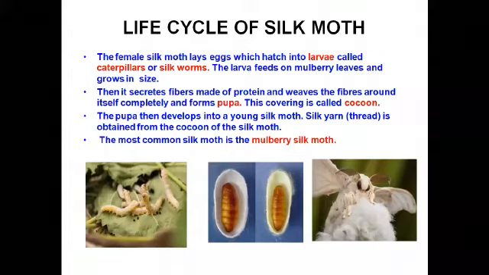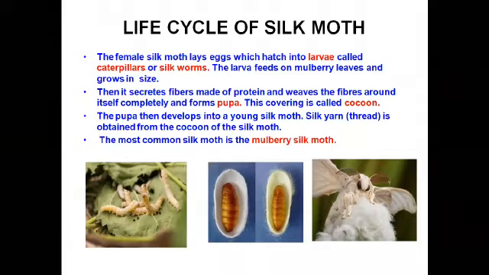You can call it by any name. The silkworm feeds on leaves and grows. You can see that the caterpillars are growing on a leaf, preferably mulberry leaves, because they can get all types of nutrition from the mulberry leaf. The silkworm feeds on the leaf till it grows to full size.